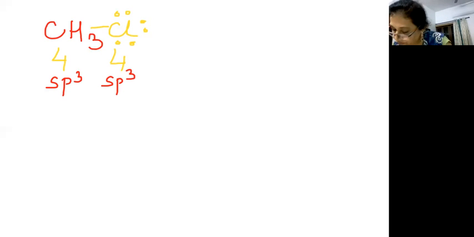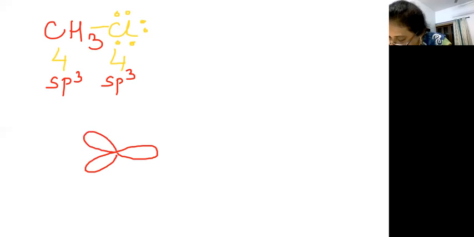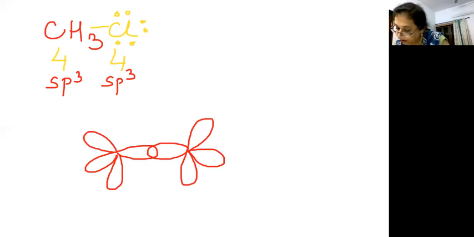Let me make the structure for carbon first. So this is the sp3 hybridized carbon which I have made. Now let me make the sp3 hybridized chlorine. So this is the sp3 hybridized chlorine. In chlorine, you have 3 lone pairs of electrons. So let me make the 3 lone pairs of electrons.